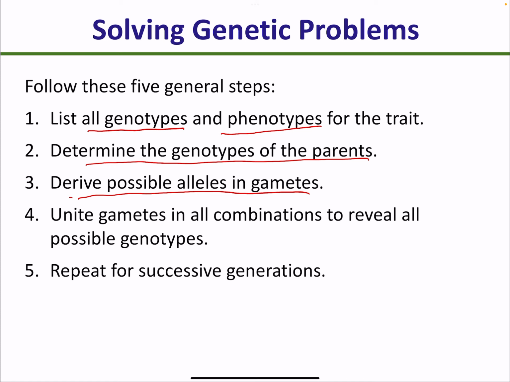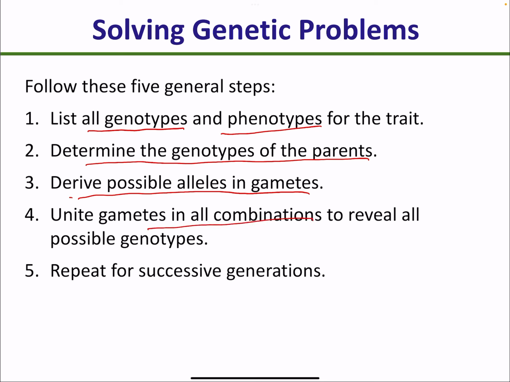Once you have deduced the possible alleles, you are going to bring the two gametes, the possible alleles in gametes, together in a process of fertilization and see what the two gametes are going to generate together, right?